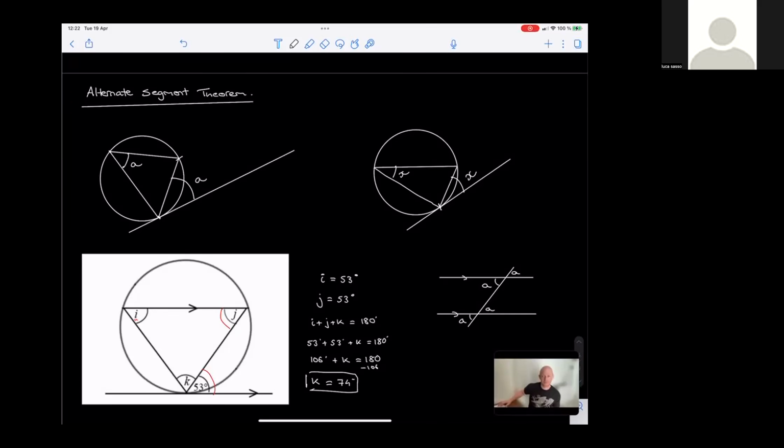Question: does similarity appear a lot in the exams? Similarity, yes, that can definitely pop up. Absolutely. Did you do that on Saturday, or haven't you done it yet? We did a fair share of similarity in class, not as much as I would have liked to.